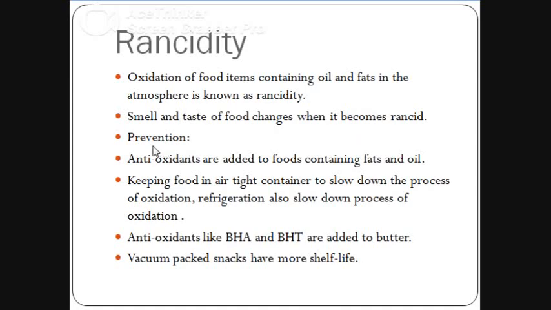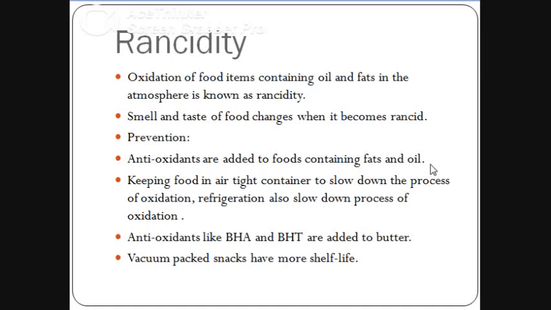Now, what are the preventive methods for rancidity? First, antioxidants. Children, antioxidants are substances which remove the activity of oxygen, and antioxidants are added to food items containing fats and oil.